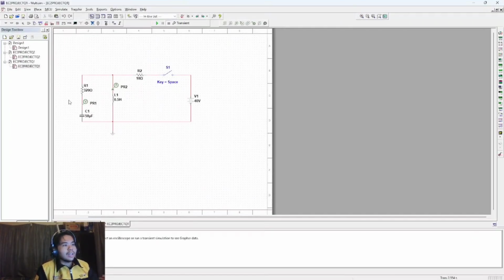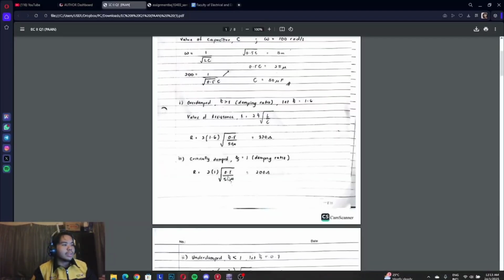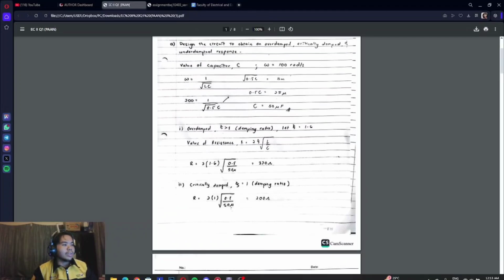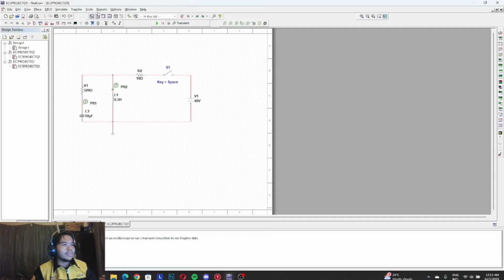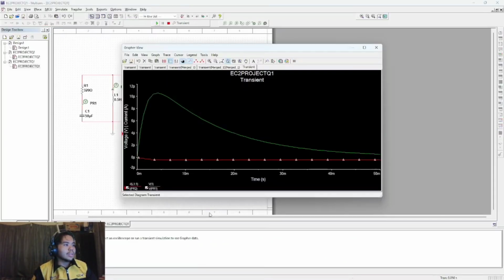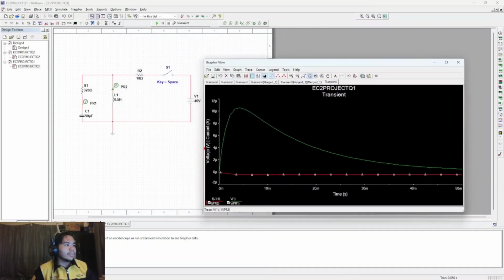Okay, this is the circuit that I have done using Multisim, and this is all the components that we needed, and we just need to change the value of R. As you can see, the first one is 320 ohm, which is for the overdamped graph. If you run this circuit, this is the overdamped graph.